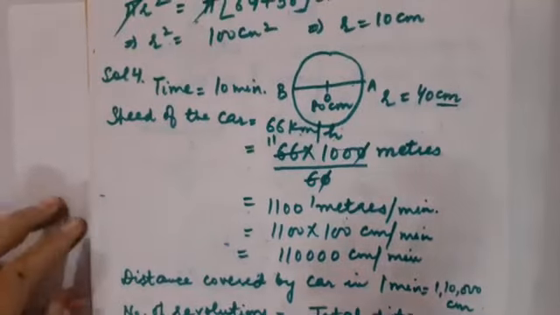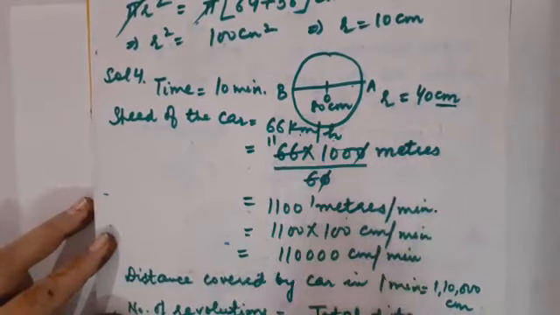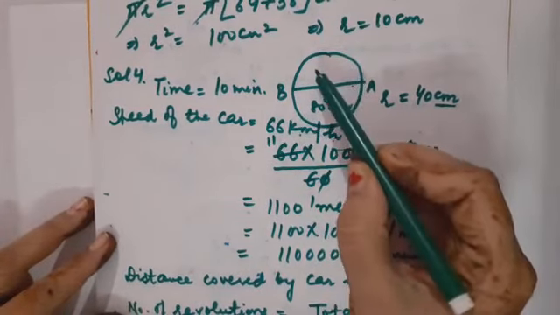Have a look in the diagram. Suppose if the car is going to take 1 round it has taken. So what it has covered actually? Yes, it has covered the circumference of the circle.